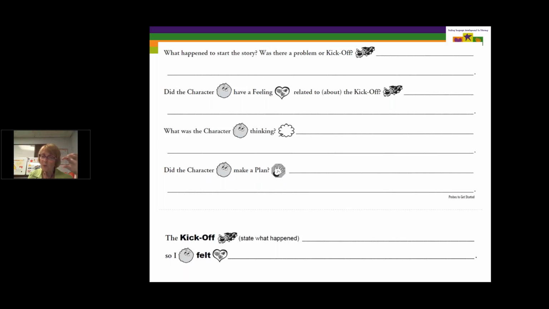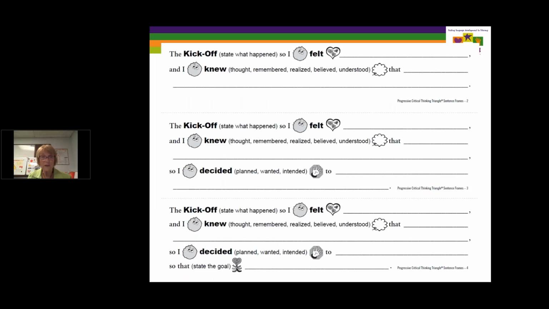And then when we want to put them into sentences, these are the probes to get started. The kickoff happened, whatever happened, so I or the character felt a certain way, and that's the beginning one. Then as we progress, we keep adding a new part of the critical thinking triangle to our sentences.